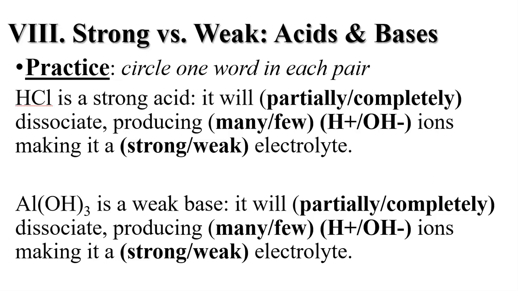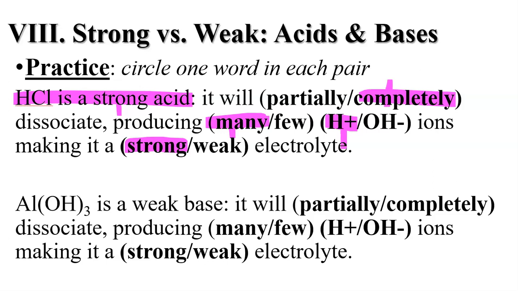Okay, let's circle, or I'm going to highlight, one word in each pair. Hydrochloric acid is a strong acid. It will completely dissociate, producing many hydrogen ions, making it a very strong electrolyte. We said it was strong, it has a lot of ions, and it completely dissociated.